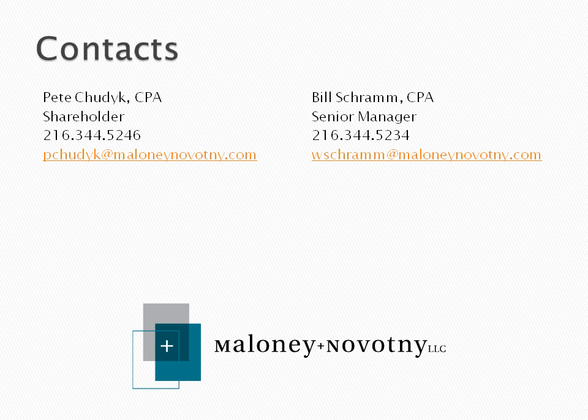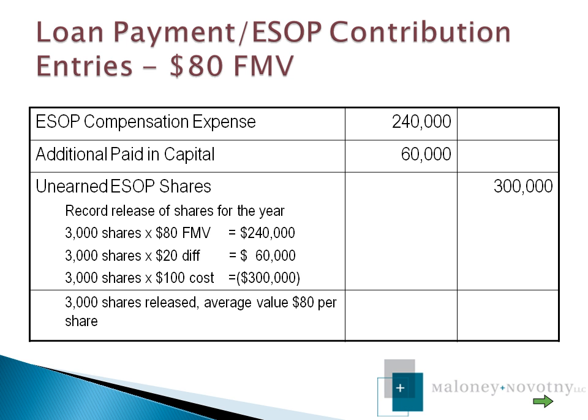Looks like we have one final question here. How does the equity contra account get reduced? What is the calculation? Remember, when we book that contra equity account, that's the unearned ESOP shares account. And as shares are released, those released shares get relieved at the original cost basis of the shares.